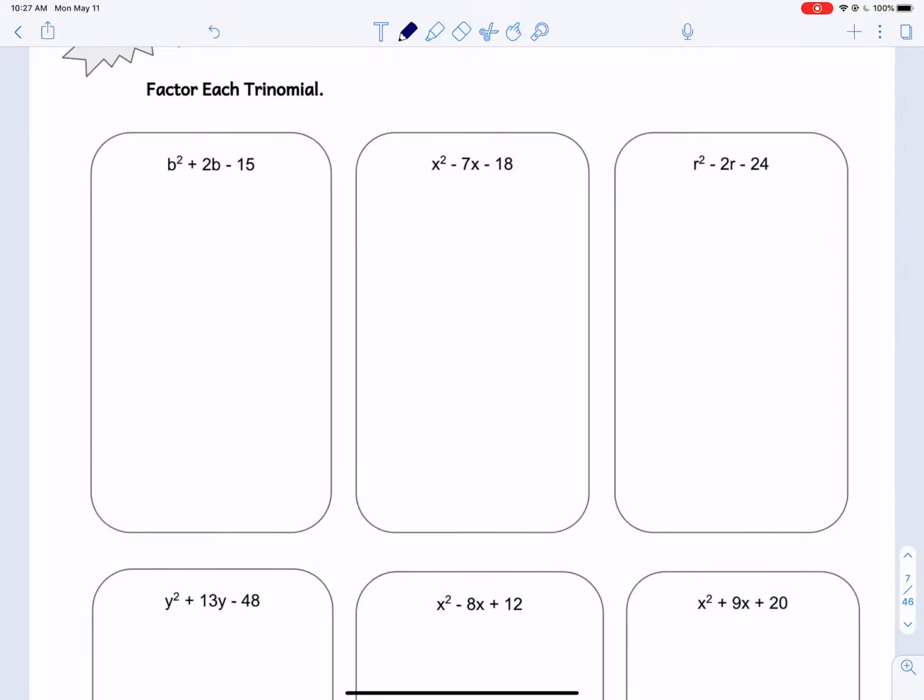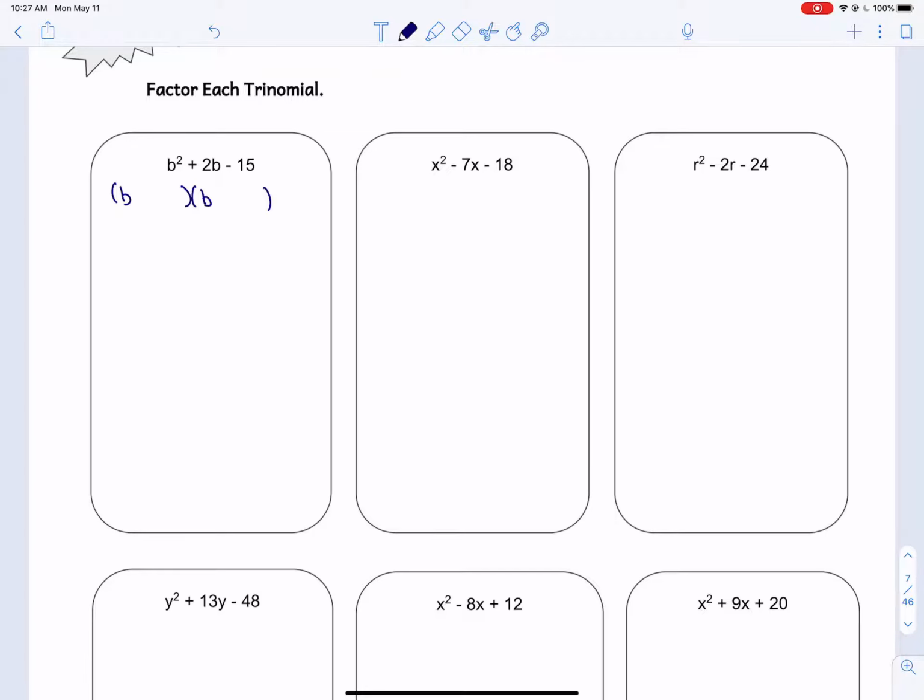So factoring each of these, we know we're going to have two binomials that we multiply together to get the original trinomial. The first term is b squared, so we know that's b times b. Looking at the signs of the original trinomial gives us a clue as to what we need to do when we factor.